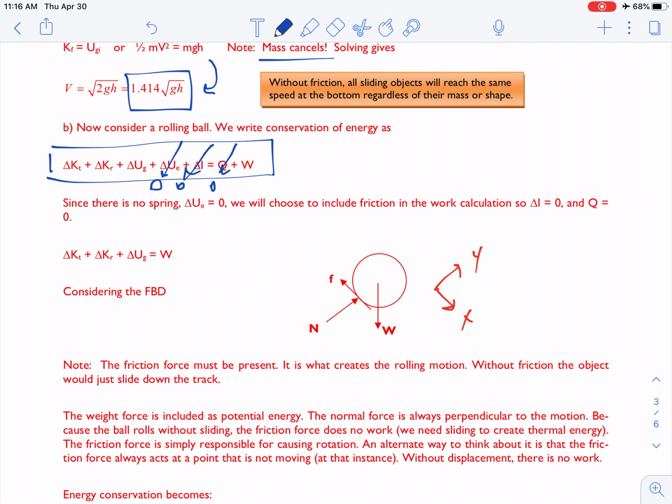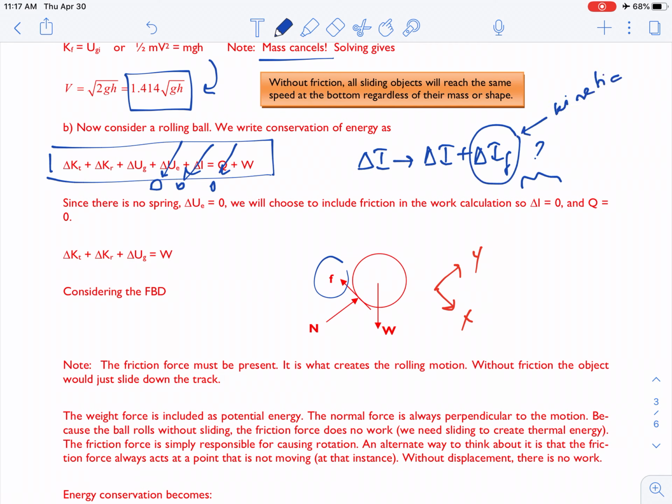So, a quick note here, if it is not clear why delta I is 0, there is friction, right? In order to roll the ball, you need some grab, and you can see in the free body diagram, we have some friction. This delta I is going to split into delta I just for any temperature pressure changes, and also delta IF. Remember what this was. This is the kinetic friction.